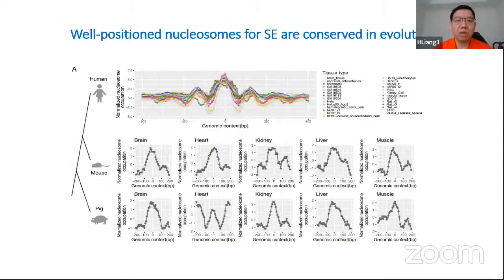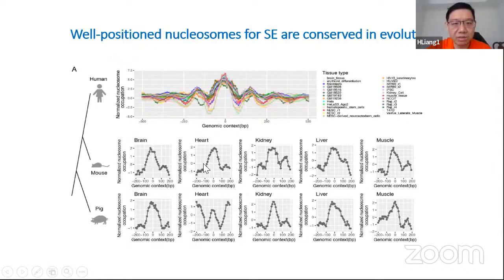So we can further look at those well-positioned nucleosomes across different tissues, whether they are conserved in evolution. There are mouse and pig datasets, where they also generated this nucleosome position in multiple tissues. So when you look at the conservation, you see those well-positioned nucleosomes are highly conserved in evolution.